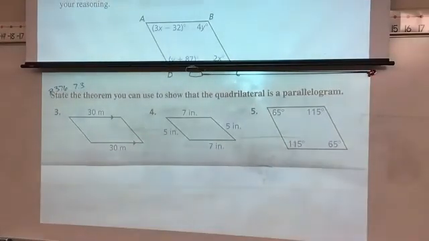All right, tell the person next to you which theorem you are using to prove these parallelograms. Tell them the names. The first one, opposite sides.